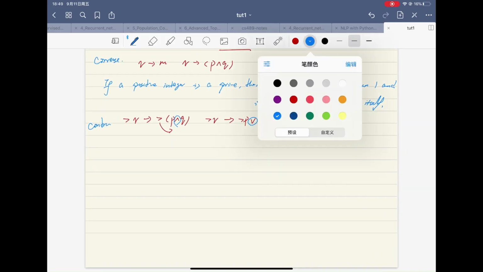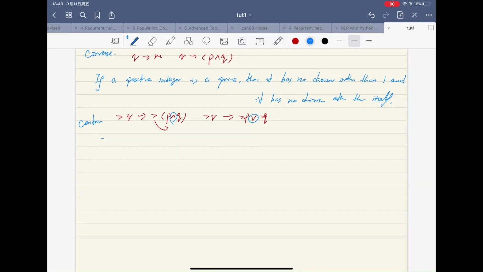So we have, if a positive integer is not a prime, then it has a divisor other than 1, or it has divisors other than itself.